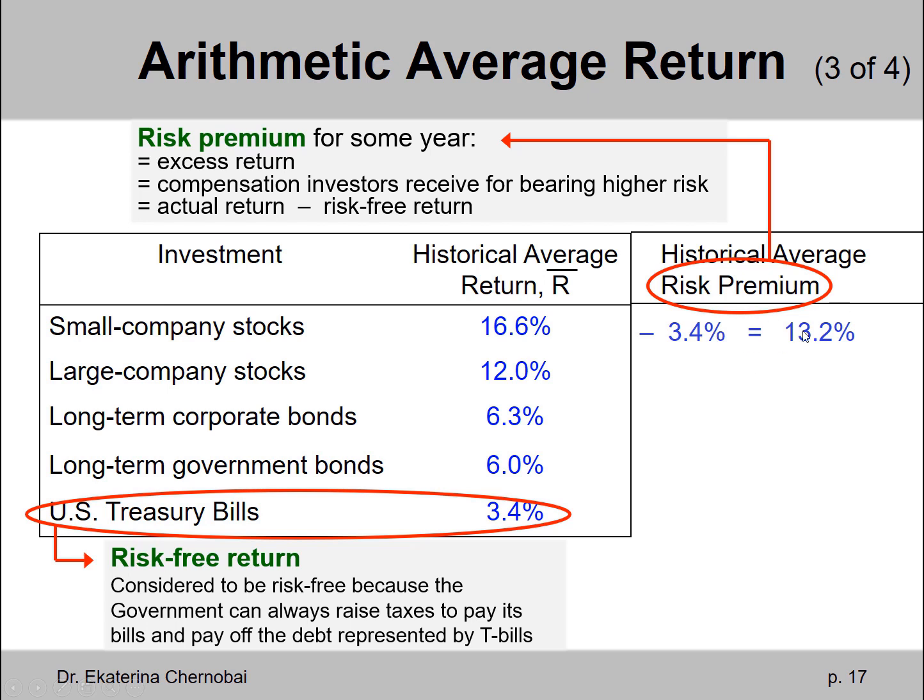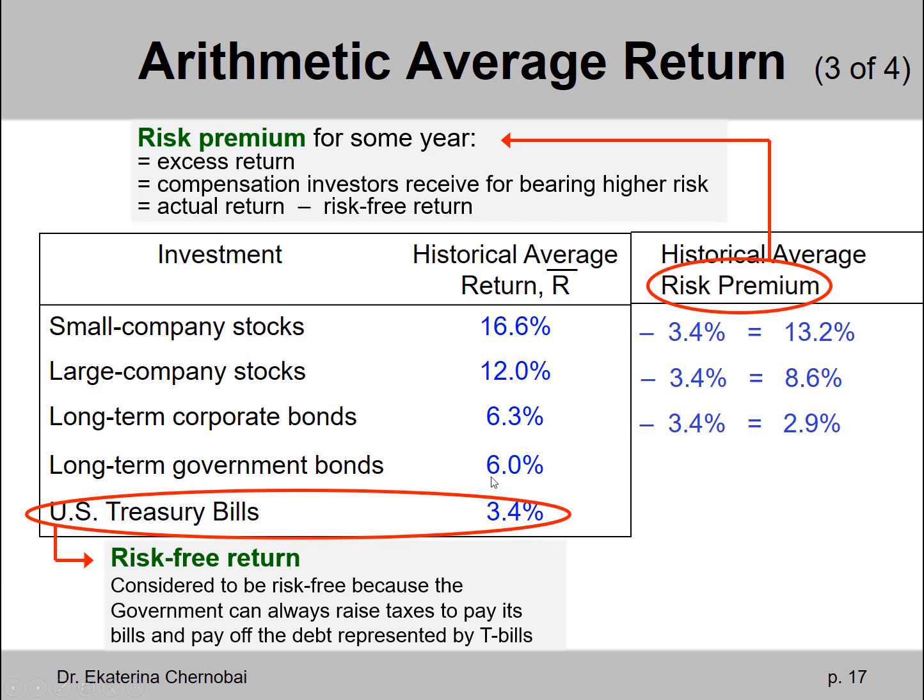We can also calculate the risk premium for all other investments in this list. For large company stocks, 12% minus 3.4% risk-free return equals 8.6%. For long-term corporate bonds, 6.3% minus 3.4% equals 2.9%. And the numbers keep getting smaller.